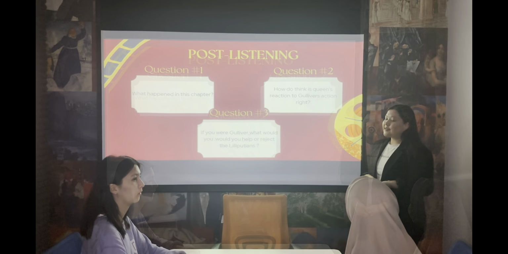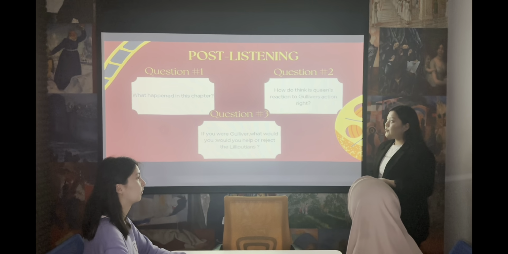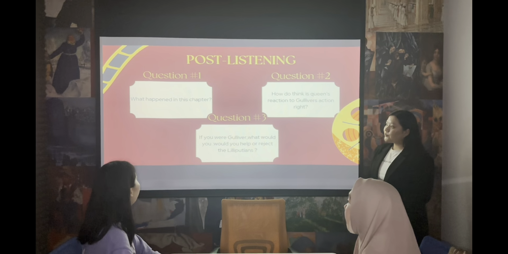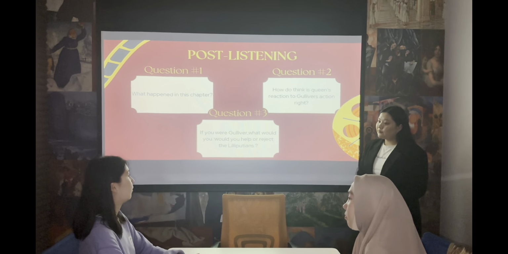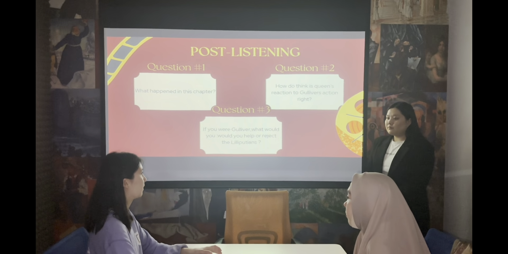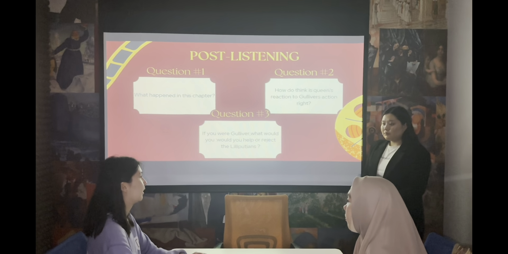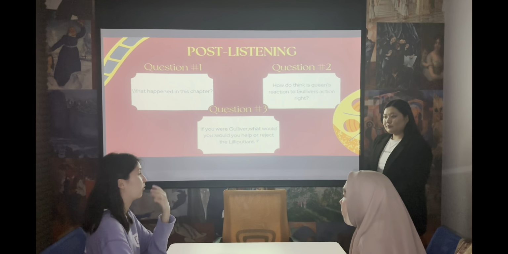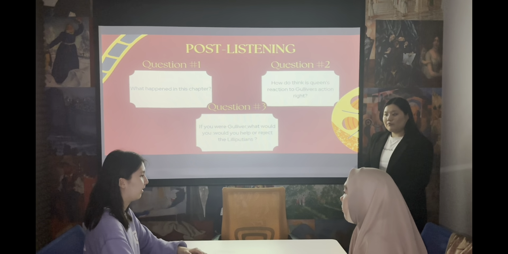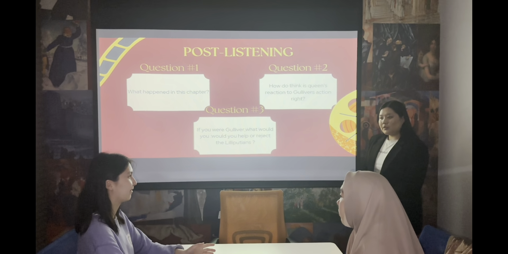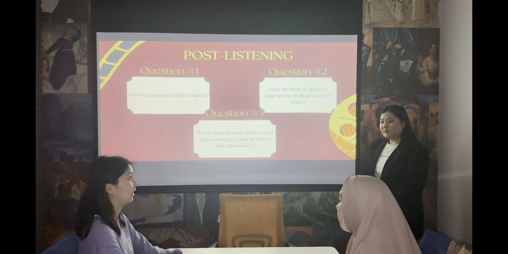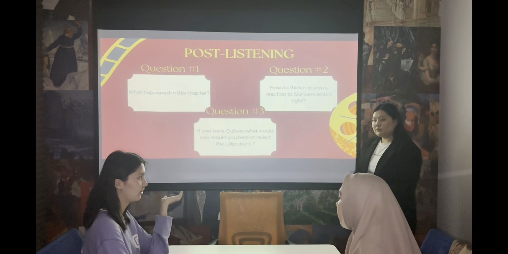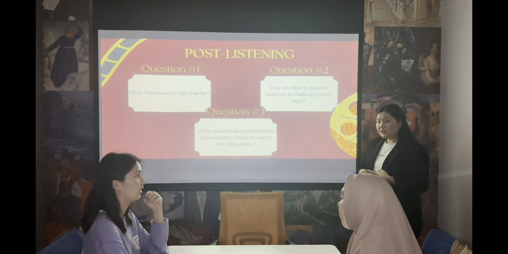And now let's discuss the fairy tale and give answers to these questions. The first question, Amina, can you repeat please? What happened in this chapter? There was a fire in the queen's maid's room, and Gulliver decided to help by filling his mouth with water, but then the queen decided not to enter these rooms because of Gulliver's behavior.